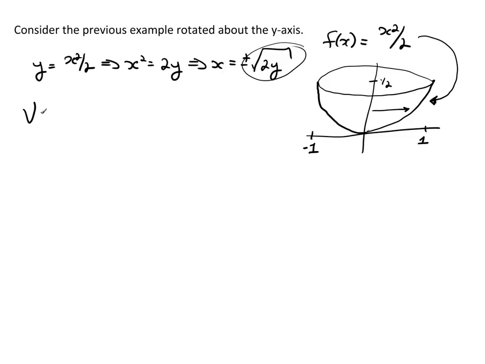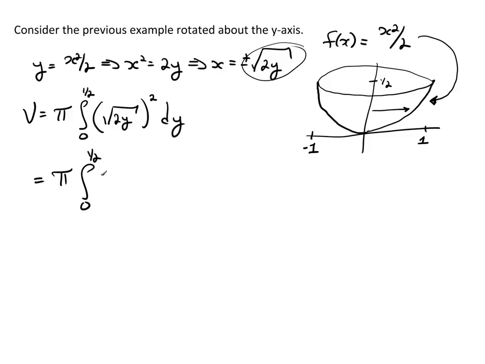So my volume is simply equal to pi times the integral along the y-axis. Now I'm going from 0 to 1/2. So that'd be 0 to 1/2 of the radius squared, and that is the square root of 2y squared dy, which equals pi times the integral from 0 to 1/2 of 2y dy, which equals pi times 2y squared over 2, evaluated from 0 to 1/2.